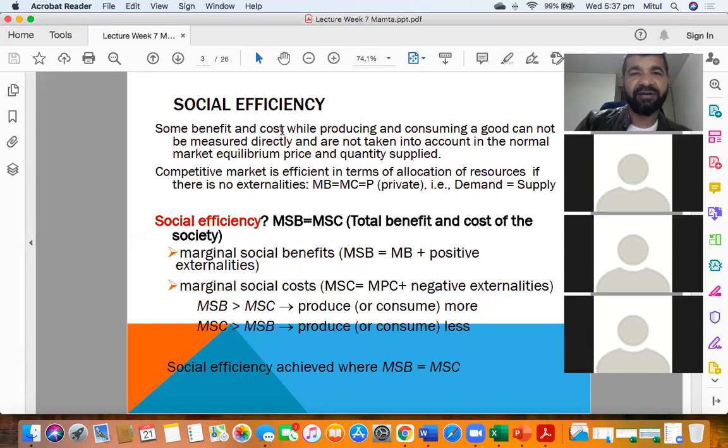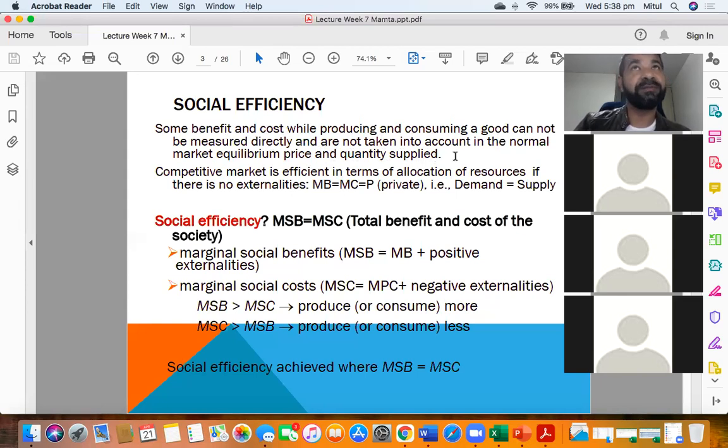Social benefit and cost while producing and consuming a good cannot be measured directly and are not taken into account in the normal market equilibrium price and quantity supplied. See what the first line said? Social benefit and cost while producing and consuming a good.